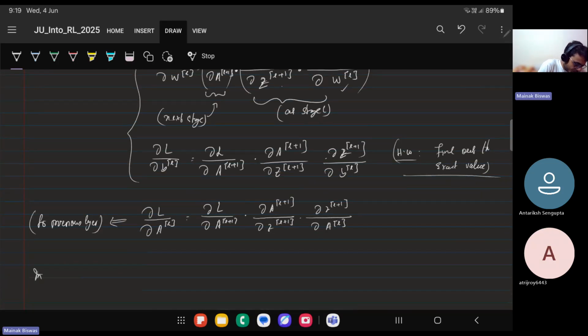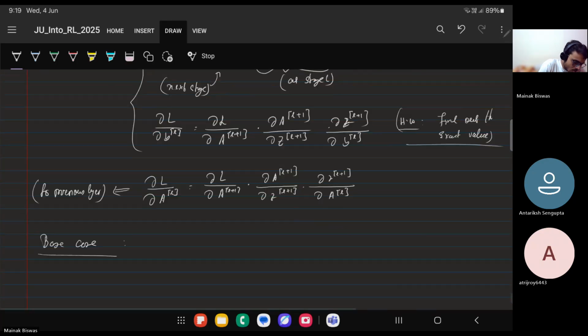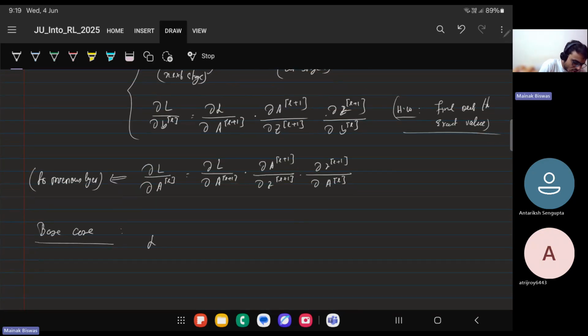In the last layer, again, the base case: the loss is a function of AL and Y. This is your J theta, say the loss for the parameters.